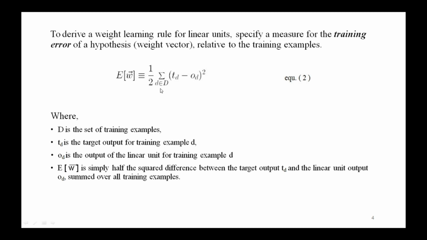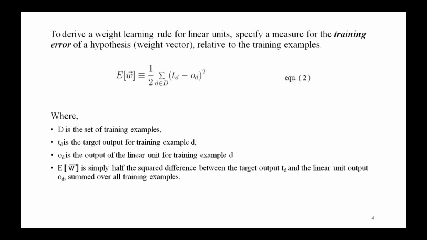So small d represents the training example, capital D represents the set of training examples, td represents the target output for the training example, and od represents the output of the linear unit for the training example d.